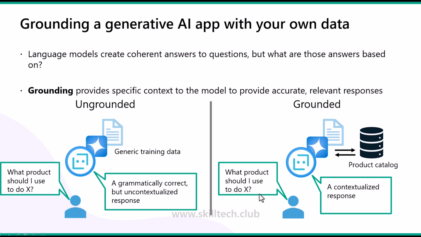In this kind of scenario, the answer will be grounded in reality, based on the product information from the catalog data, and that's going to give a more contextualized response. Obviously, groundedness is going to improve your response quality, and it's also going to improve your customer satisfaction. That's the reason your LLM has to associate with grounding data.